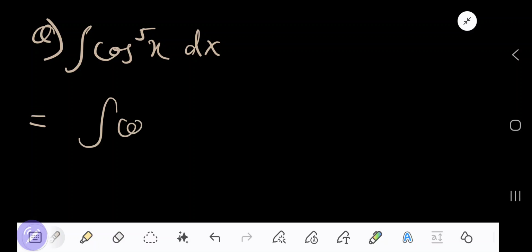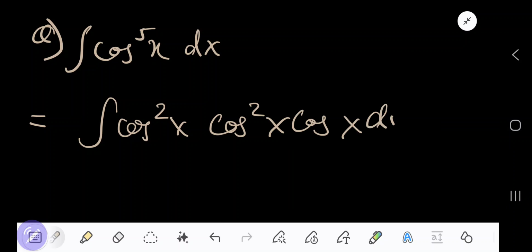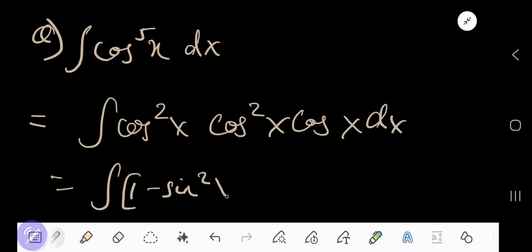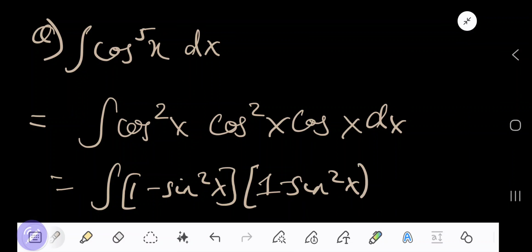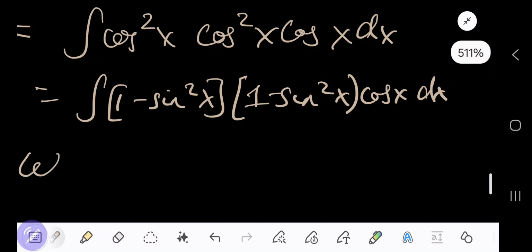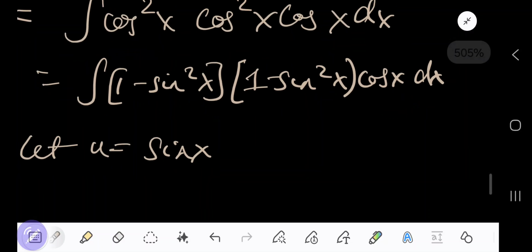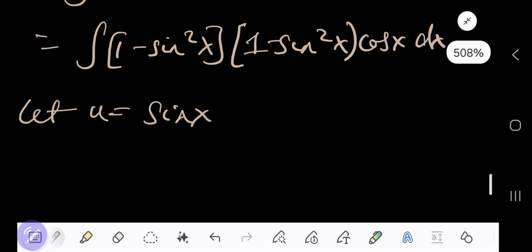This would be the integral of cos square x times cos square x times cos x dx, which equals 1 minus sine square x times 1 minus sine square x times cosine x dx. Now we're going to use substitution. So let u equal sine x.